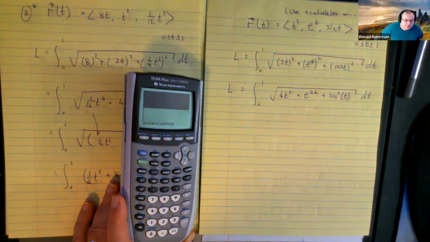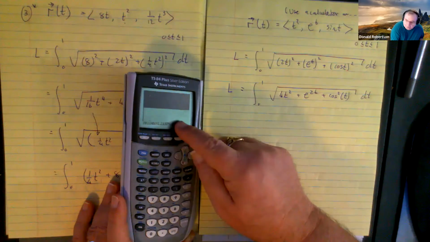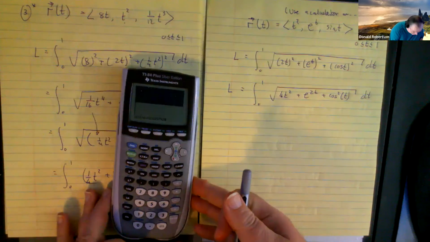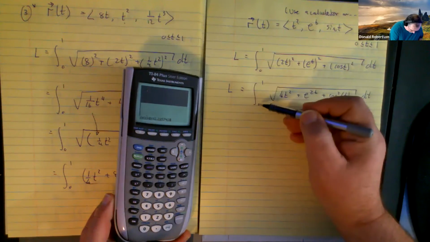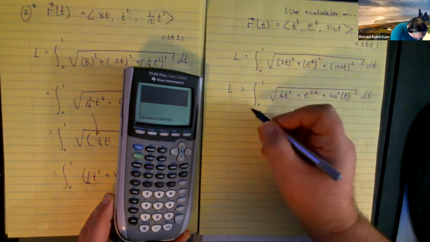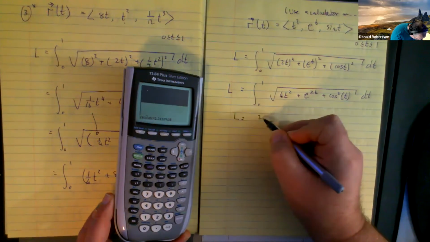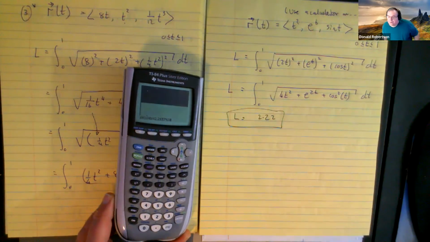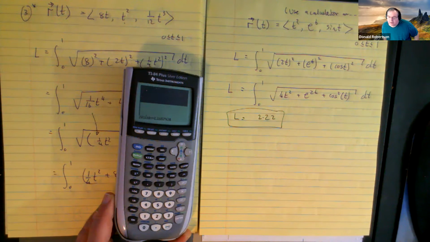There's the answer. 2.215743. Do you see it at the bottom? So roughly, the integral from 0 to 1 of this ugly square root is about 2.22 to 2 decimal places. Are we cool with that?